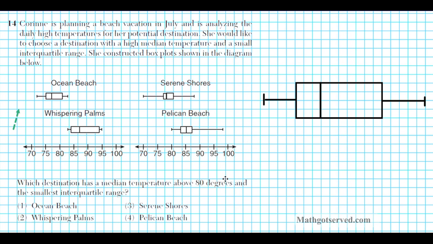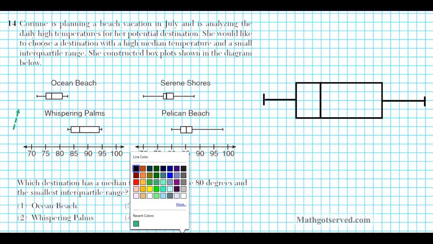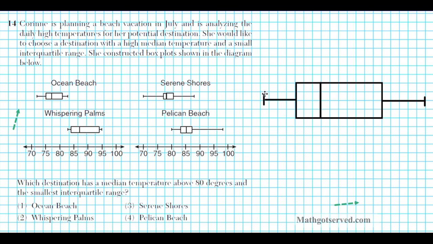All right, let's indicate where the maximum and minimum are. Let's make this green. So this is your minimum. This is your min, and then this is your maximum right here.